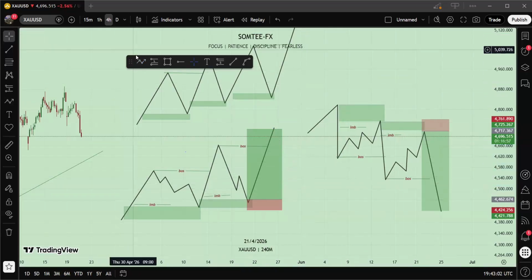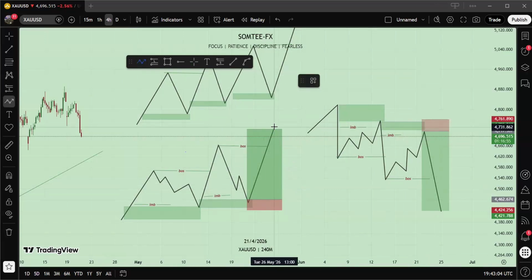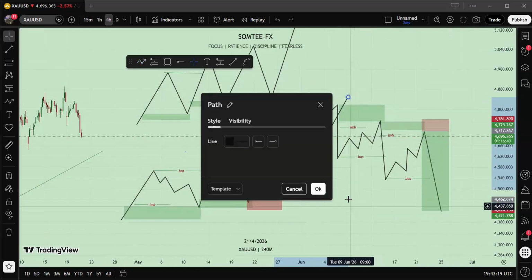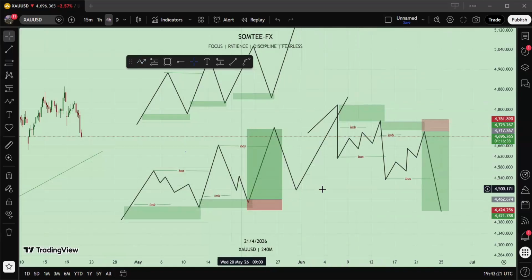Let me just draw it straight. You decide to create another one from there to here. Keep on moving. You decide to create another one here. This one now will be demand zone 3.